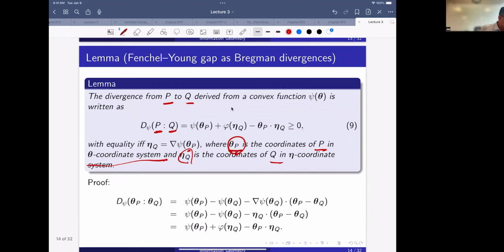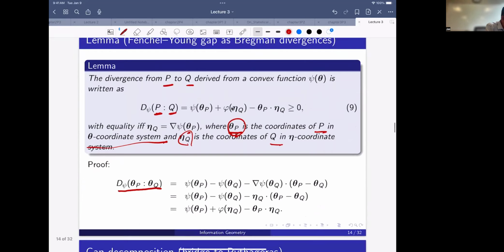So first of all, let's express this. This is the definition of a Bregman divergence. The definition of Bregman divergence will have the first equality, right? For the two points, we'll have this first equality. And now this guy is equal to eta Q by the definition of the dual mapping.